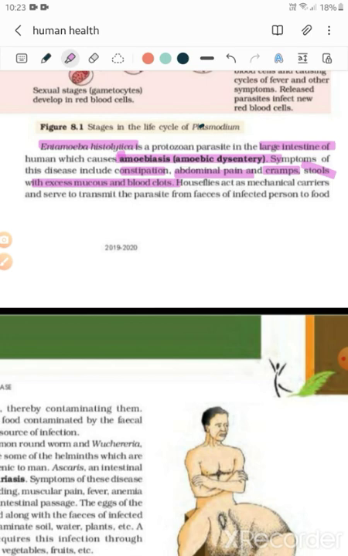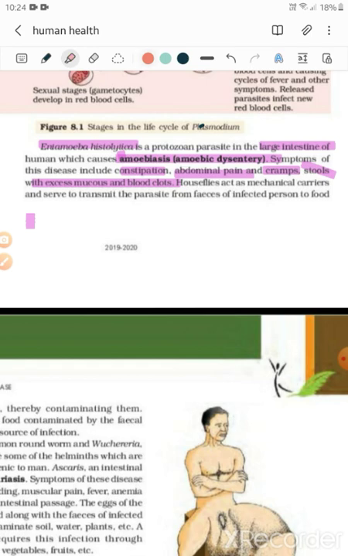Why blood clots? It would deteriorate the linings of the intestine, the intestinal walls, because of which bleeding occurs. That's why blood clots are seen in the stools along with the excess mucus.